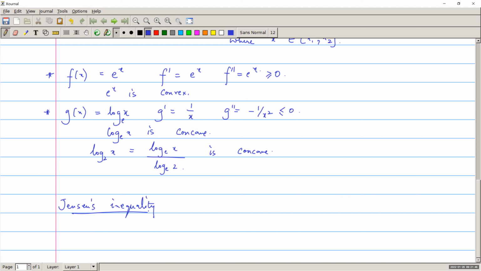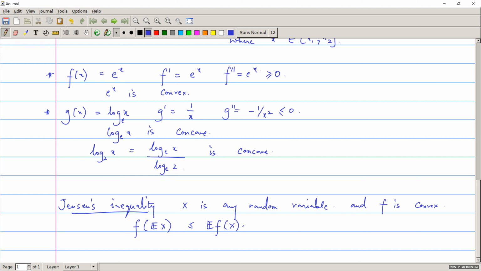It says that if x is any random variable, and f is convex, then, and we are just rewriting, if x is a binary valued random variable, then this is just the definition of convexity.